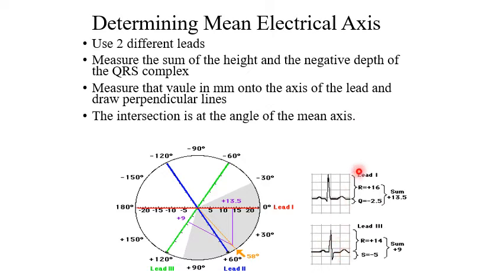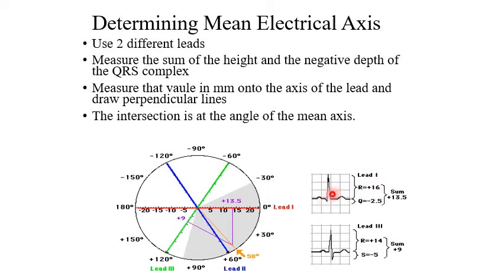For example, here we have taken lead 1, and from the same ECG we took lead 3. Now, from lead 1 we will measure the algebraic sum of the height of the positive and the negative deflections of the QRS complex.